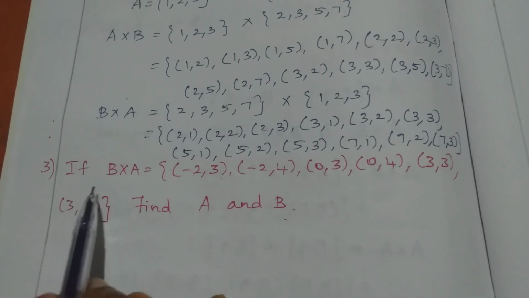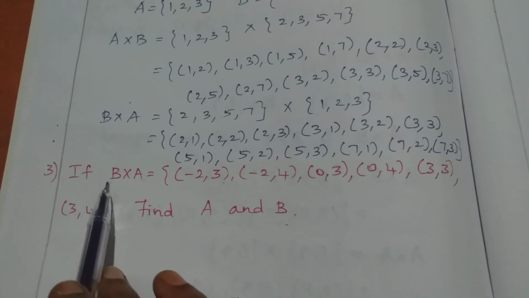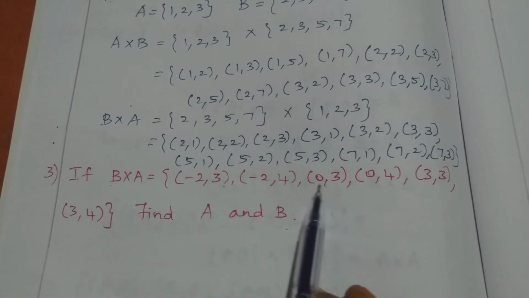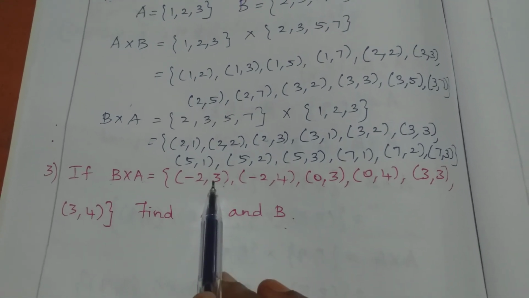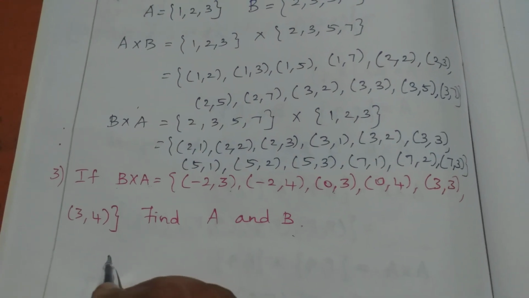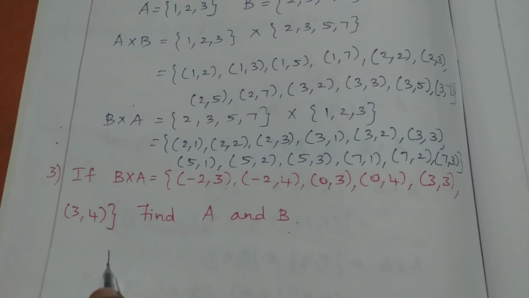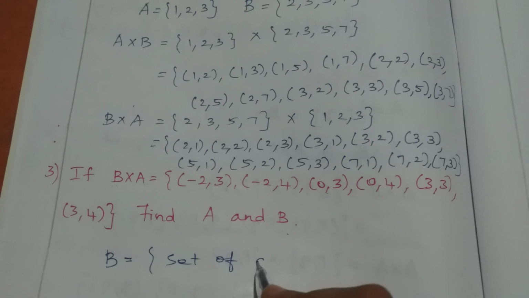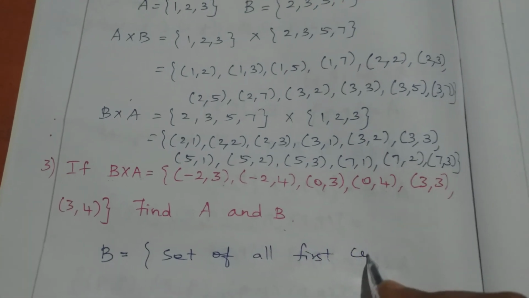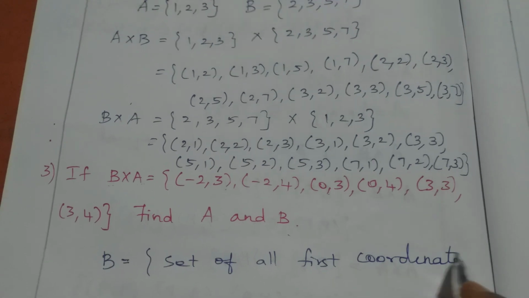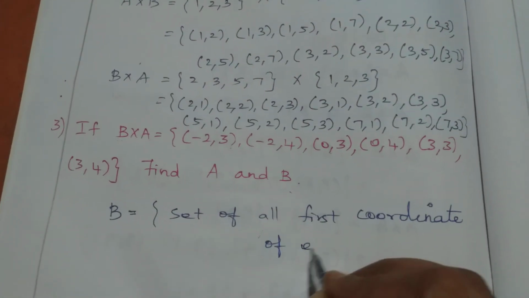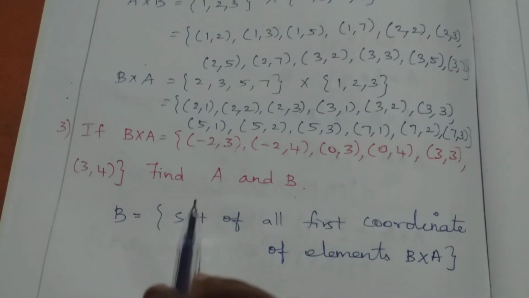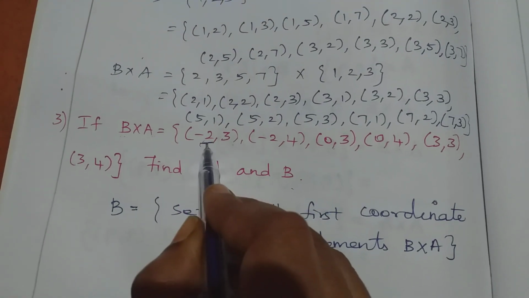So it is very simple. They have given B cross A. So the first coordinates are all B and the second coordinates are all A. So first write B. B denotes the set of all first coordinates of the elements of B cross A. So you have to write the first elements. What are the first elements?